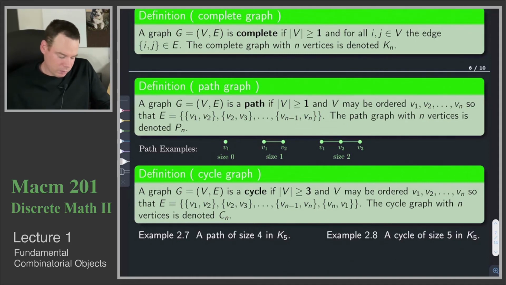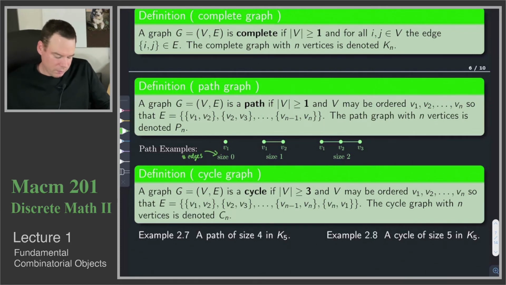So there are some examples of paths. There's a path of size 0, just consisting of vertex v1, a path of size 1, which is the two vertex graph with an edge between them, and then one of size 2. In this case, size refers to the number of edges.